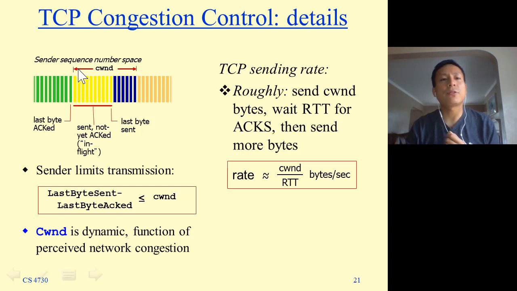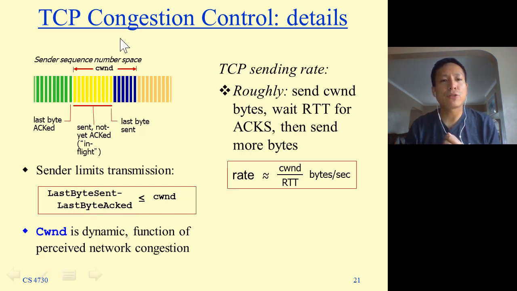So the congestion window is basically the maximum in-flight packets you can send out, right? So essentially, from the last byte you sent to the last byte you acknowledged, the distance between these two cannot exceed the overall congestion window size, right? That's basically the limit you can use for the sender, all right?